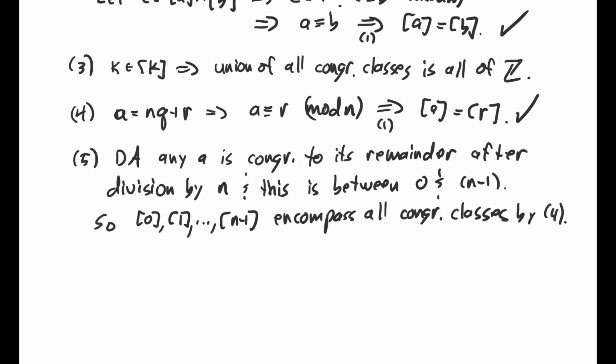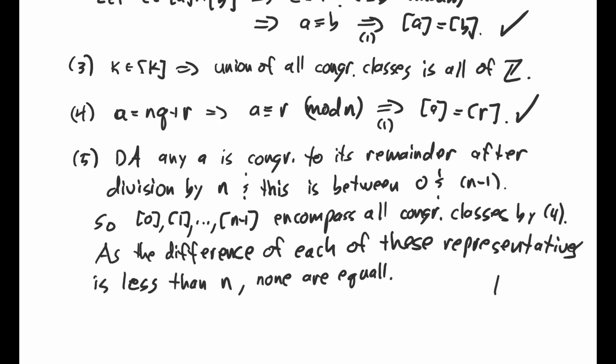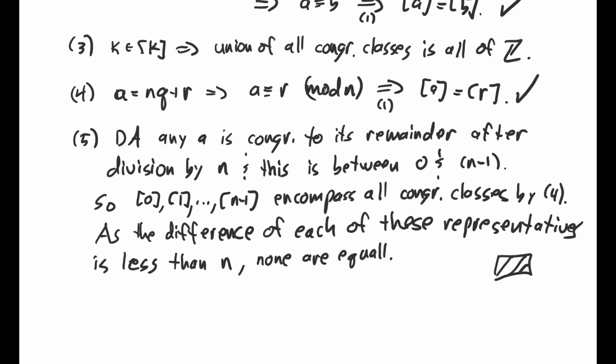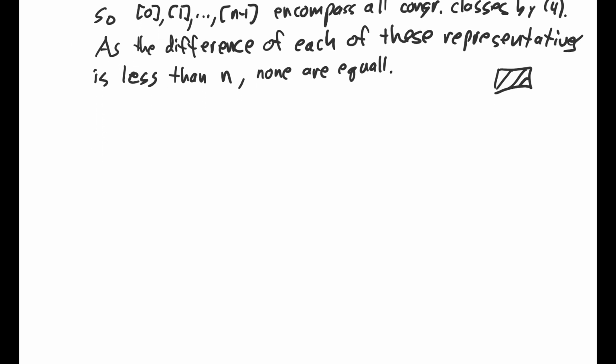And then we need to show that none of these are equal. And that's simply because the difference between any representatives that we have here is less than n, so they can't be divisible by n. All right, so that'll be the end of that proof there.